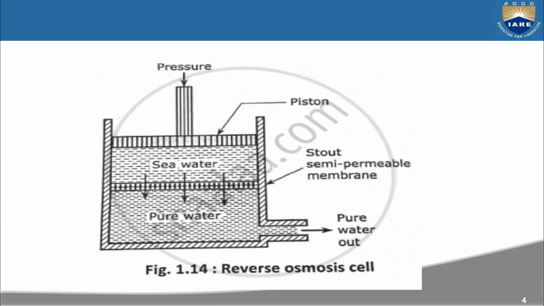Very good. So we apply pressure. What do we call that pressure? Osmotic pressure is a natural pressure. This one is hydrostatic pressure. Hydrostatic pressure is greater than osmotic pressure. Osmotic pressure is a natural process, and hydrostatic pressure is some more.